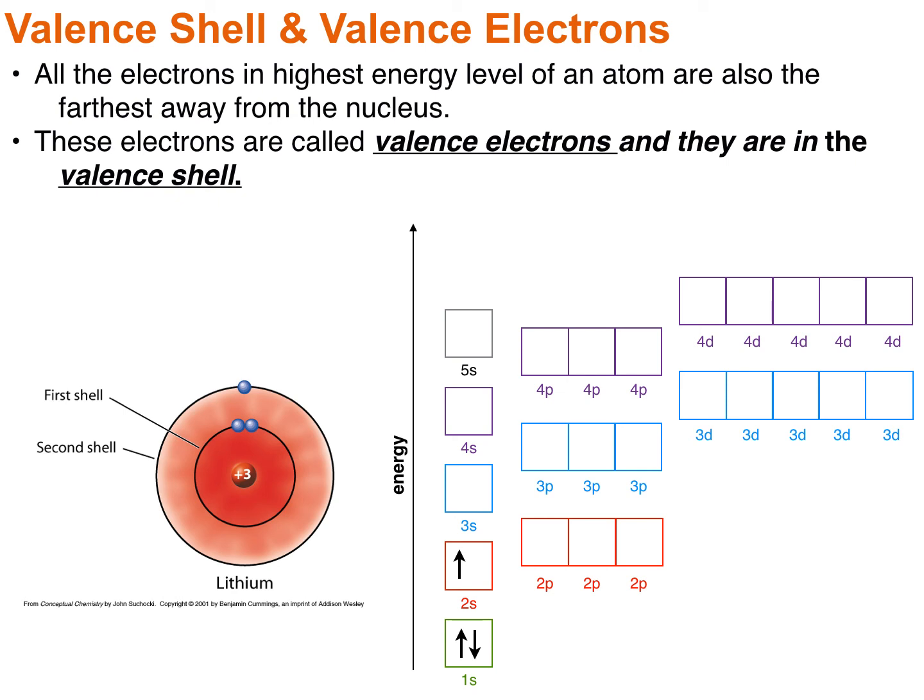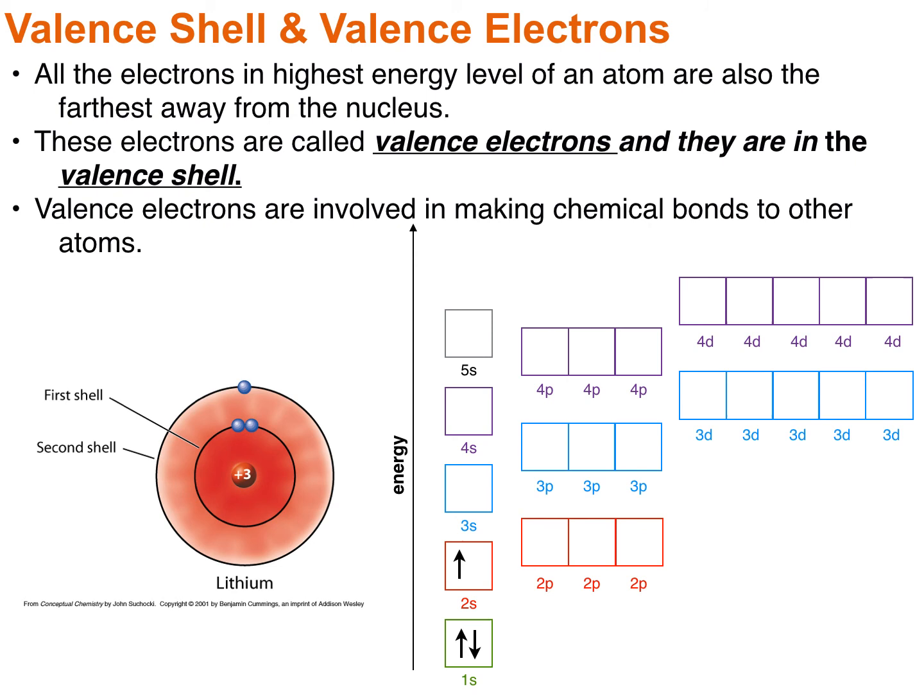So if the electrons are far away from the nucleus, they're going to be held less tightly, less securely than electrons that are closer to the nucleus, all right? So these electrons that are furthest away are called valence electrons, and they are within what we call the valence shell. Valence electrons, again, are the most reactive. They're involved in all the chemical bonding, electron transfer, all that stuff. We always look at valence electrons because those are the most reactive, okay?